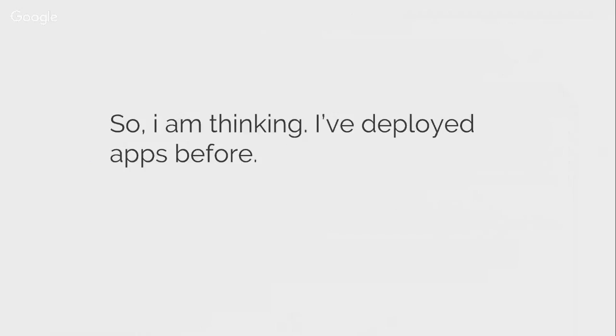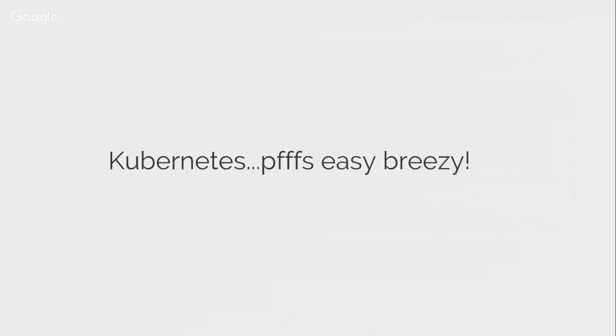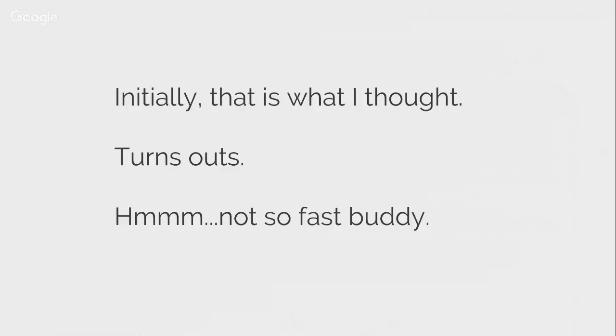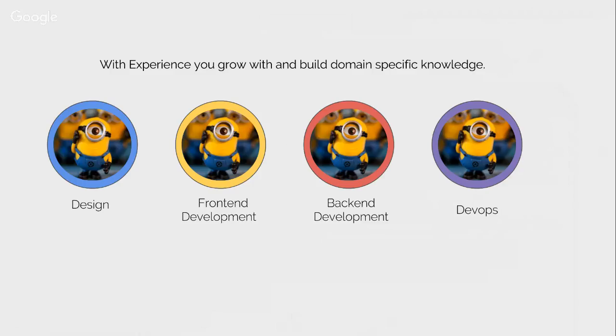So I'm thinking Kubernetes is going to be easy. I've deployed apps before, so that's what I thought. And it turns out I had to pump the brakes a little once I hopped in there, because it was just so much to learn. When you're working in a particular part of the stack for a little while, you build a lot of domain-specific knowledge and grow into that area.